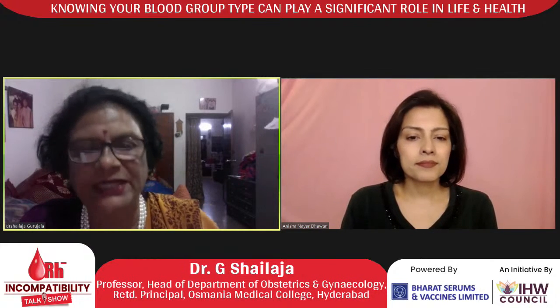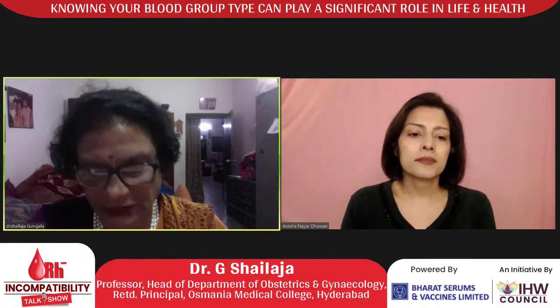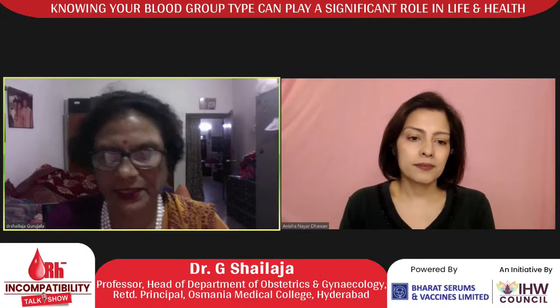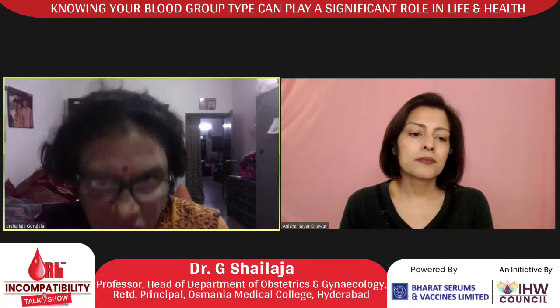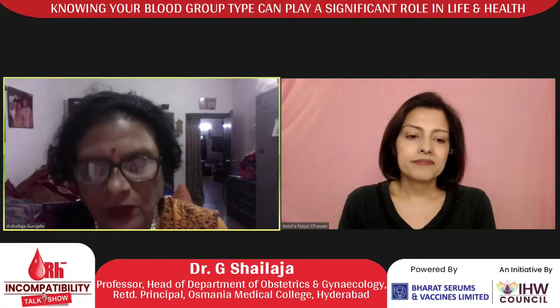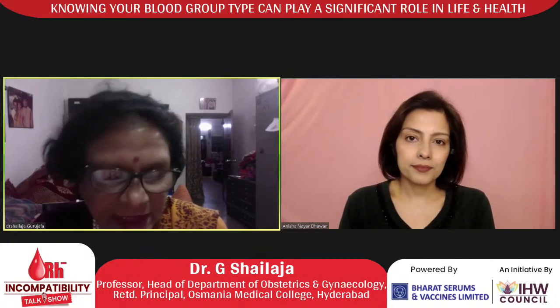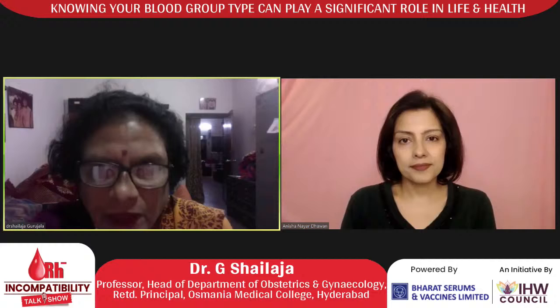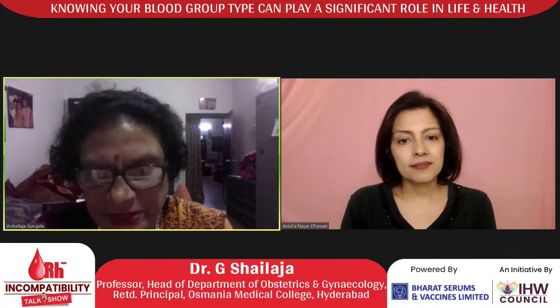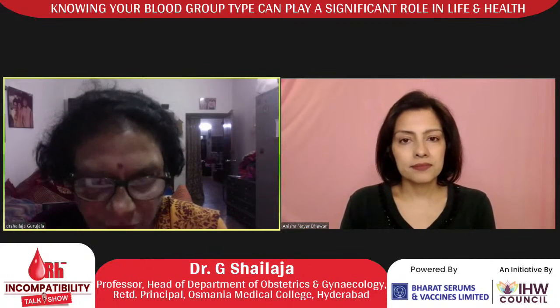They may not know RH negative, but they know there is some problem with the mother's and the father's blood group, which causes babies to die or have some congenital anomaly. Not much, but at least 60% know about it in the rural areas also.